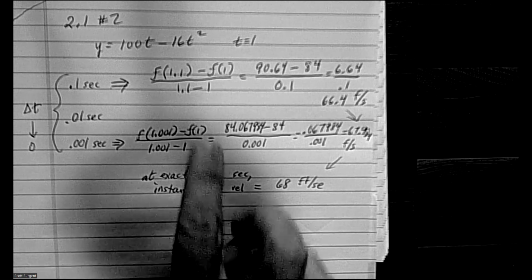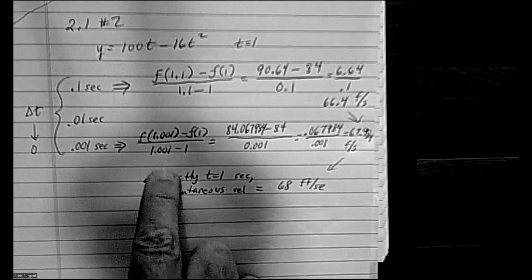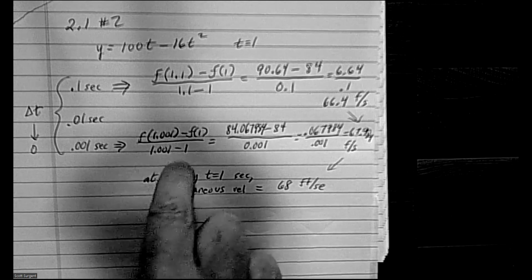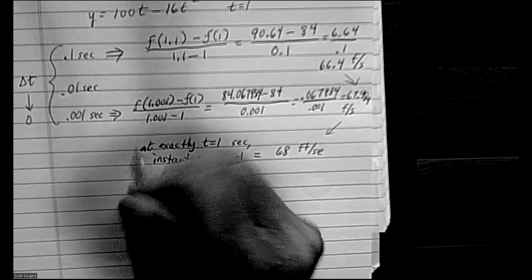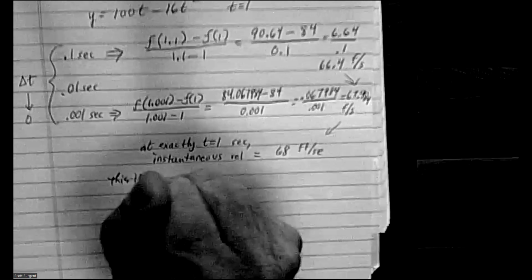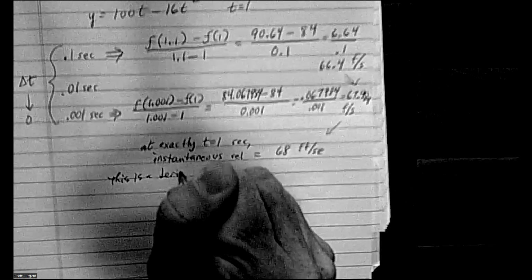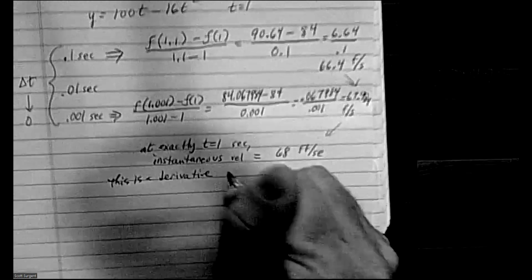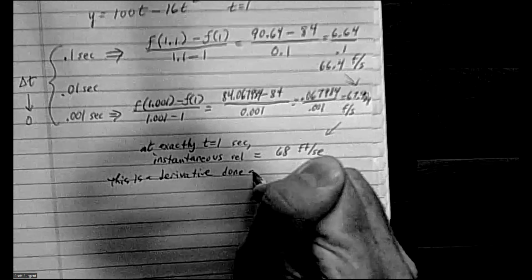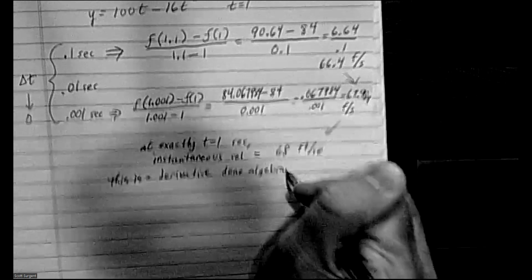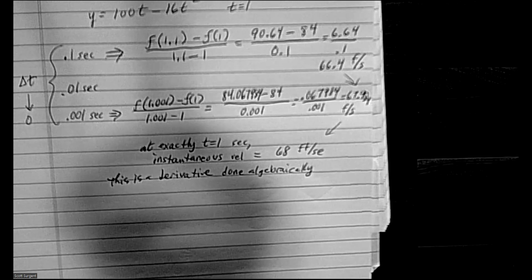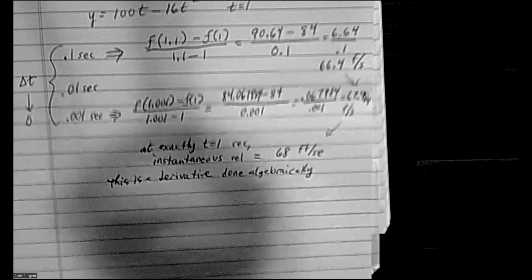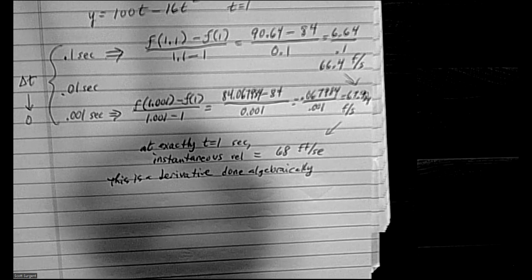So when you're taking these slope formulas and you're progressively letting the interval shrink closer to 0, you are in essence doing a derivative. So this is a derivative done algebraically. And the good news is, once you learn your derivative forms, these problems are a lot faster. You kind of have to earn your way to do that.